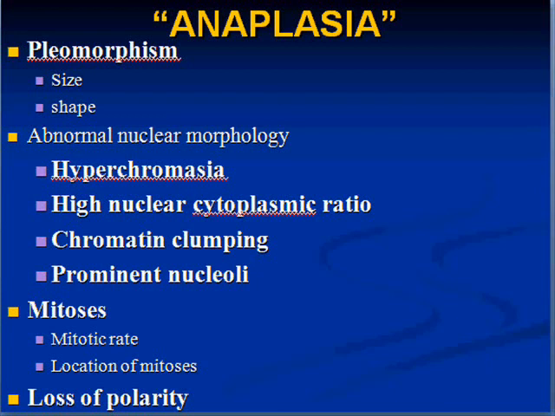The two most commonly used words on pathology reports are pleomorphism and hyperchromasia, but we'll also talk about nuclear cytoplasmic ratios, chromatin clumping, prominent nucleoli, mitoses, and loss of polarity. We're going to give you a lot of good, clear examples of that, so you'll always know the general microscopic features of any malignant or any anaplastic process.